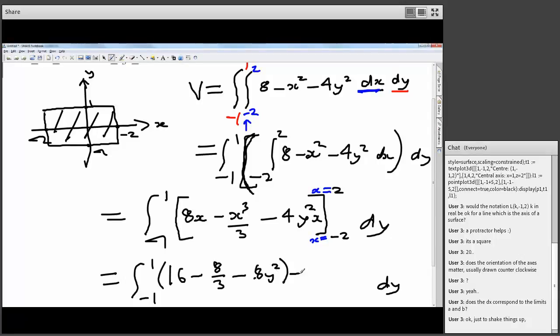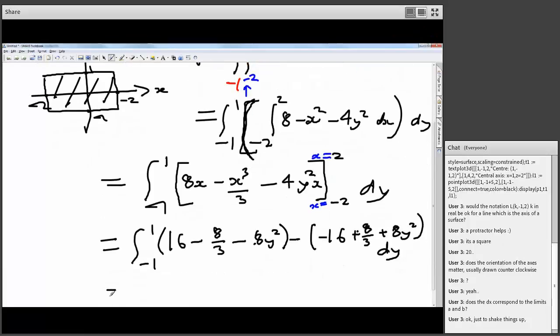And then minus the same thing by subbing the -2's in. So minus 16 positive 8 on 3 and positive 8y squared. Is everyone okay with what I've done there? And if you add them all up, I realised that the whole thing's even in terms of x, so I could have saved my bit of effort by realising it's an even function, but I will.